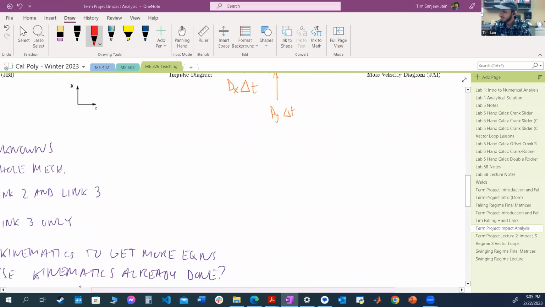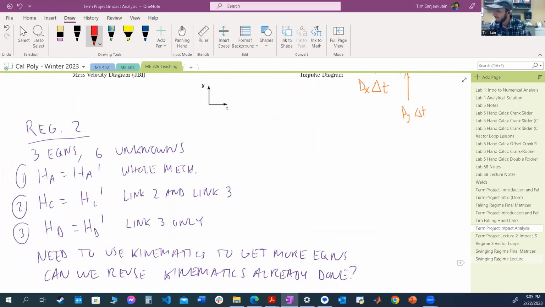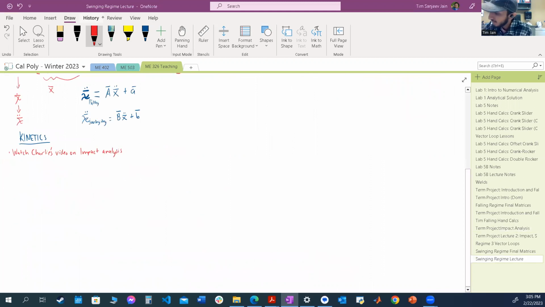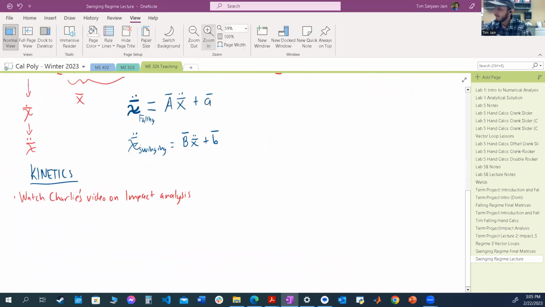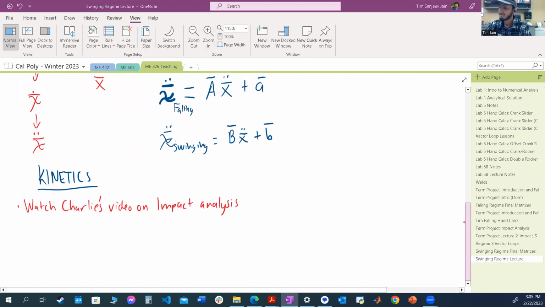Okay, with all that being said, let's go back to how that helps us in our analysis. What I just showed you was considered regime 2. So in regime 2, as we just went over, HA is equal to HA prime for all links, meaning before is equal to after.